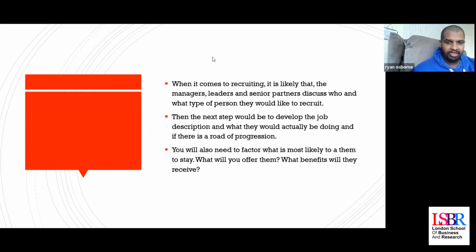Then if they do, you may have to go for an interview, and if you attend that interview and they like you, you may have to go and meet the board or the separate directors of the setting. After that you may have a trial or a probation period, and after that probation period, that's when you may sign your contract.